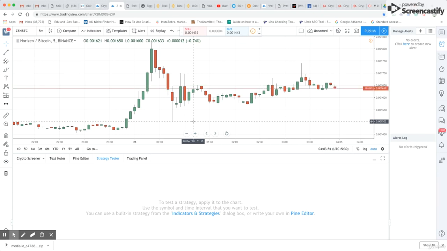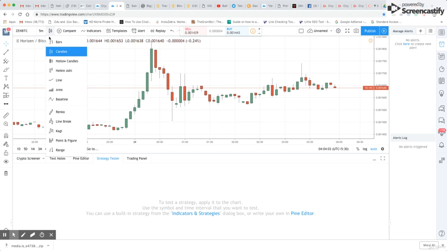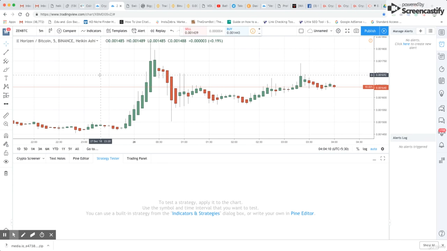For that, I have a really good solution, and it will really help you in deciding what is going to happen. For this, we need to change the candles to these candles. This is called Heiken Ashi, developed by Japanese people, and these are much better candles.